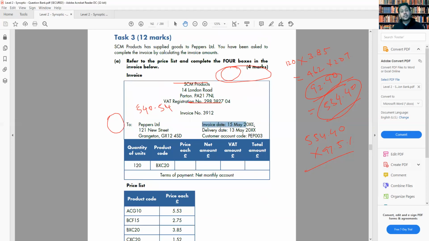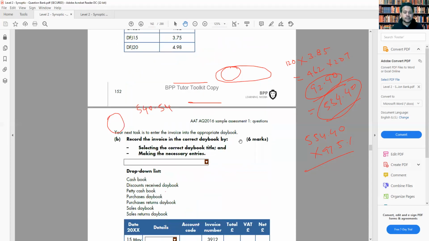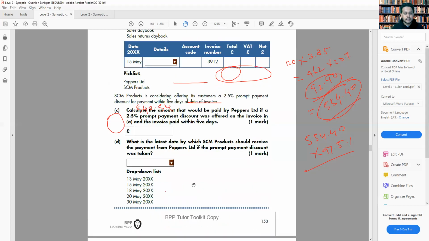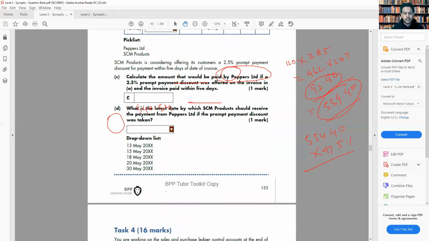So from 15th of May I have 5 days to make the payment in order to get the discount. So 15th of May plus 5 days will give you 20th of May. So I'm going to choose 20th of May from here. That gives me the last date to make the payment, 20th of May.